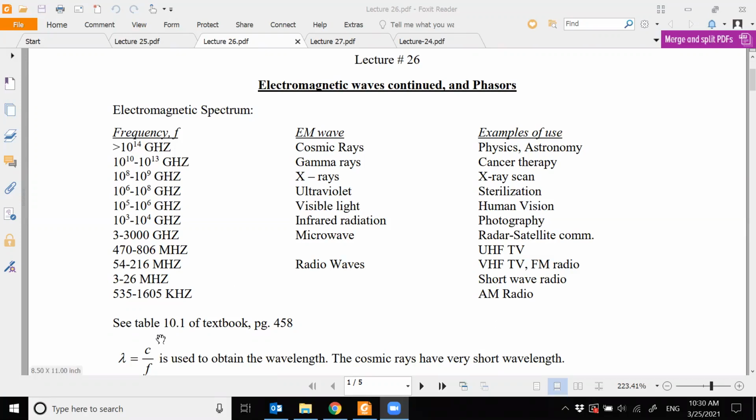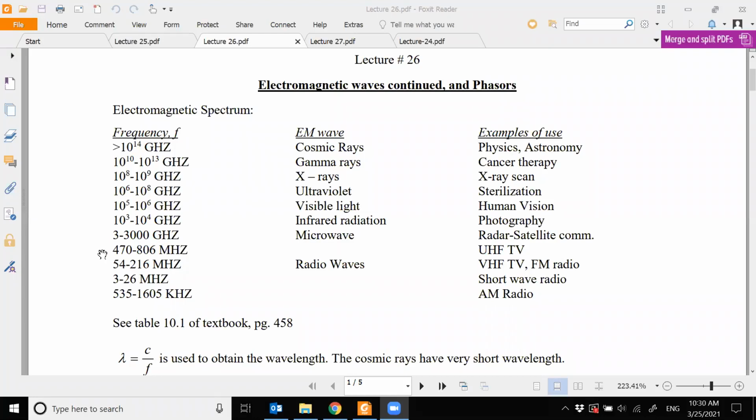So if you go here, very small frequencies, 500 kilohertz to 1 megahertz, are mostly used for AM radio, amplitude modulated radio signals. Then if you go a little bit higher in megahertz, you use it for FM, frequency modulated radios.